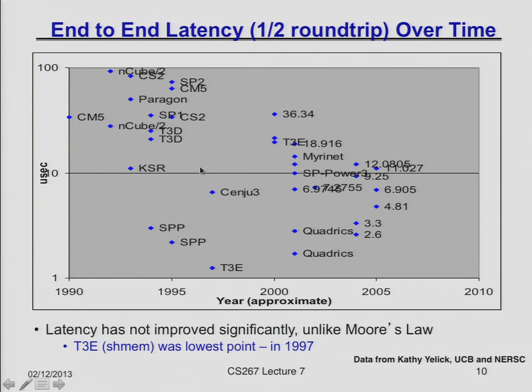And so is this doubling every year or halving every year? No. I mean, it's kind of flat. If you insisted on drawing a straight line through this and say, how much is the latency improving per year, you might say it's getting 5% better, but it's really just a big cloud of data. And it really hasn't gotten better since 1997. There was the Cray T3E, and that had like order microsecond latency. And so things are not improving dramatically.